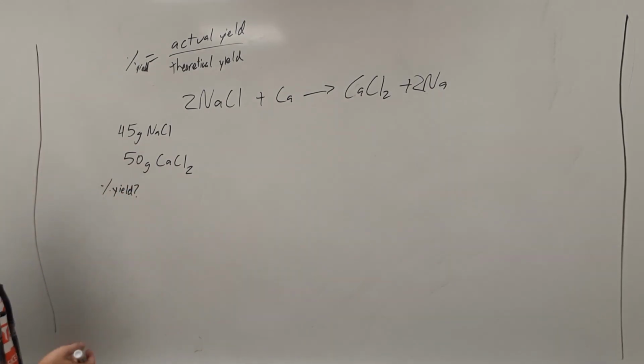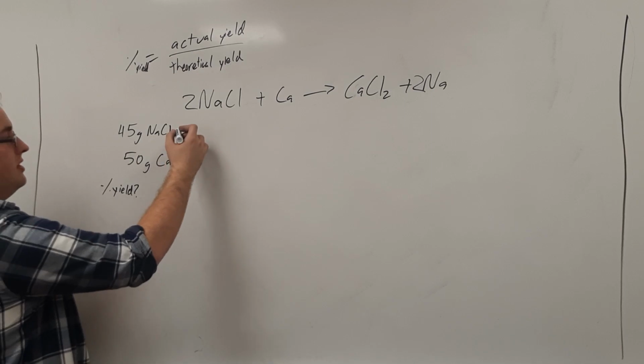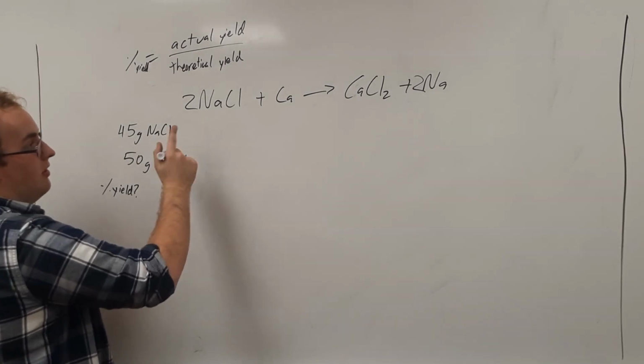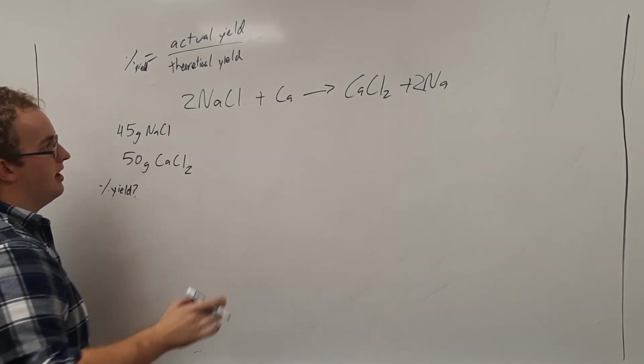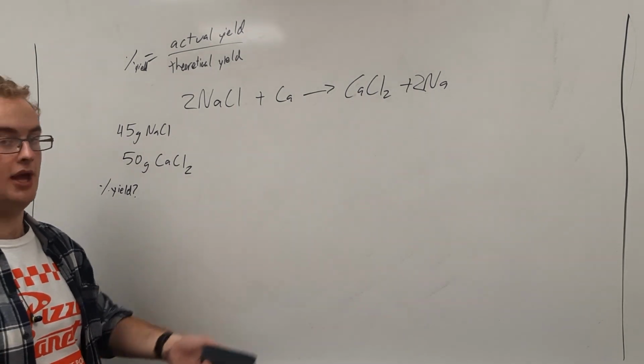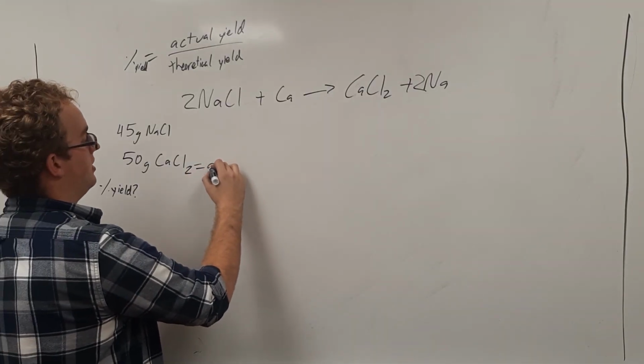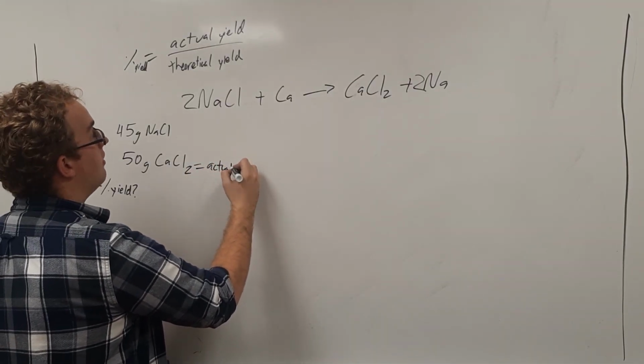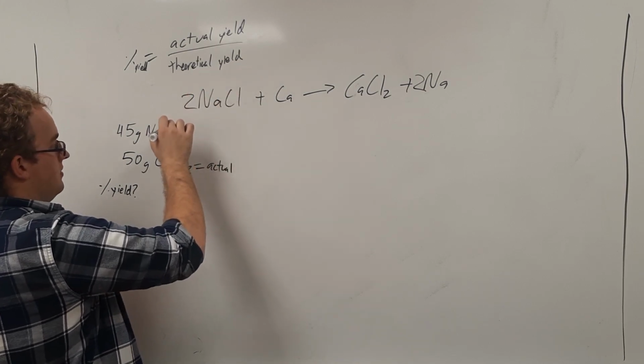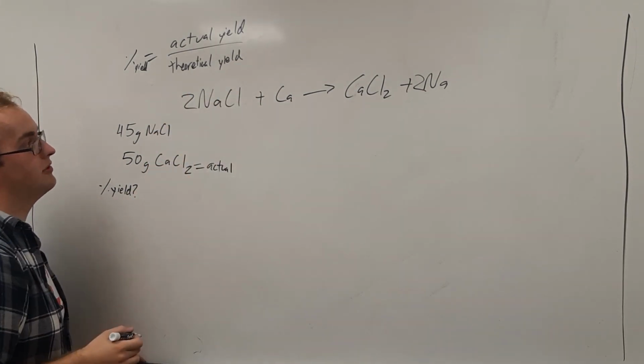So I'm going to look at this and say, okay, this is an original amount of reactant. We can take this over our equation and try and figure out how much in theory we should make. This is our actual yield right there. So if we get our theoretical yield by using this number, then we can calculate our percent yield.